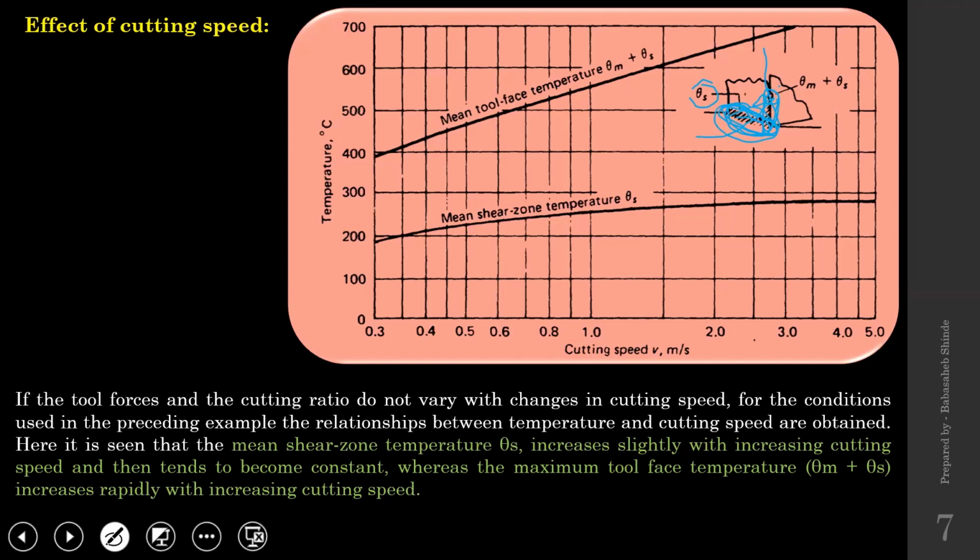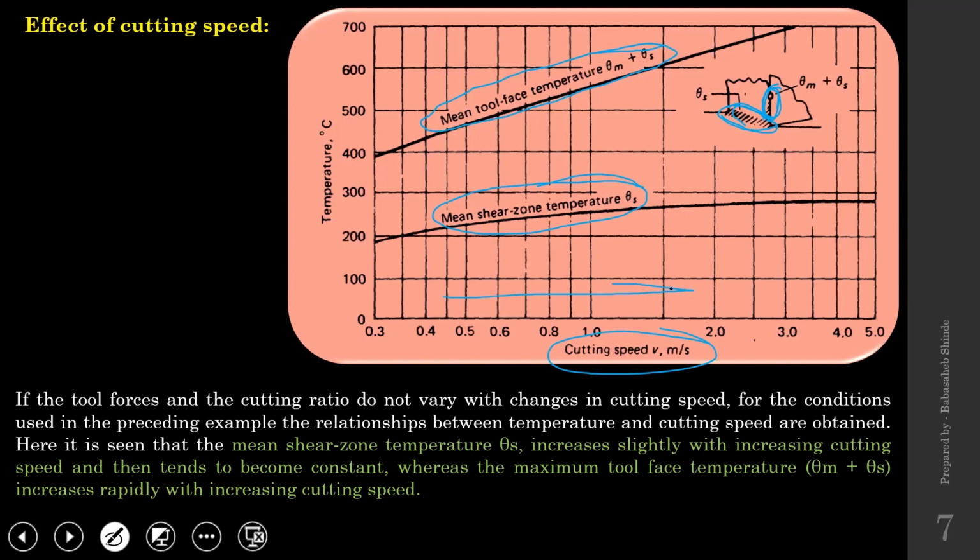So addition of primary plus secondary will be the result of temperature in secondary zone. So those two are going to relate with the cutting speed. First one, mean shear zone temperature, that is in this zone, and second, mean tool face temperature, that is this one. So temperature in this zone and temperature in this zone with respect to cutting speed.